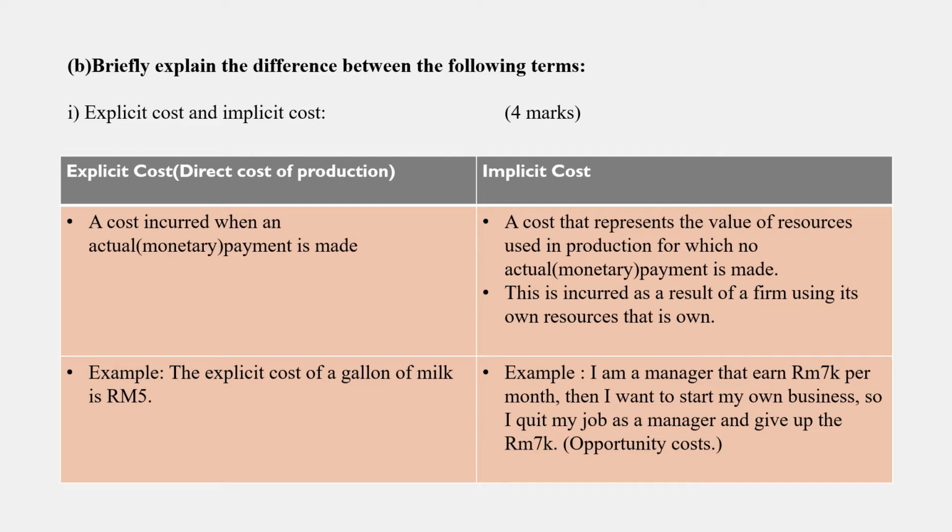Implicit cost is a cost that represents the value of resources used in production for which no actual monetary payment is made. This is incurred as a result of a firm using its own resources. Example, I am a manager that earns RM7K per month. Then I want to start my own business, so I quit my job as a manager and give up the RM7K.